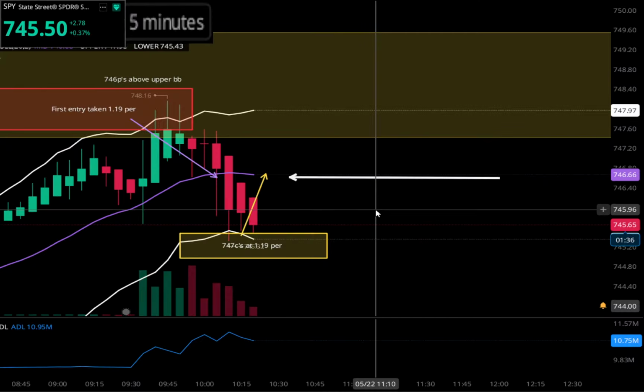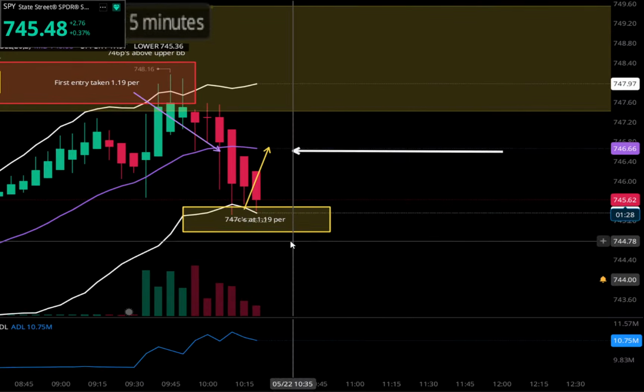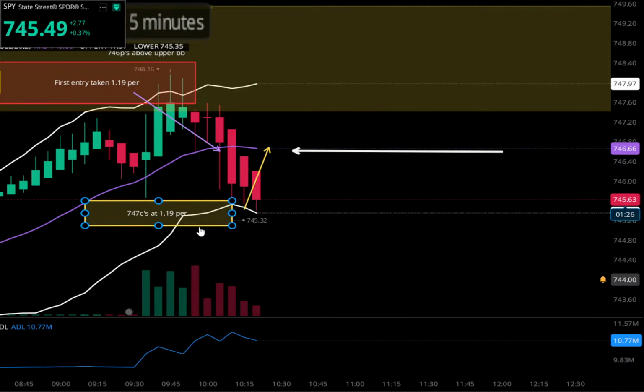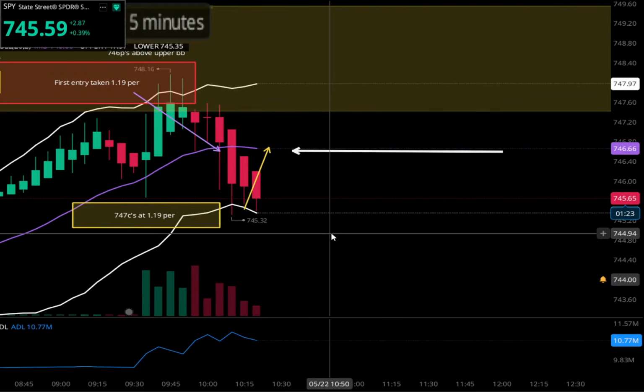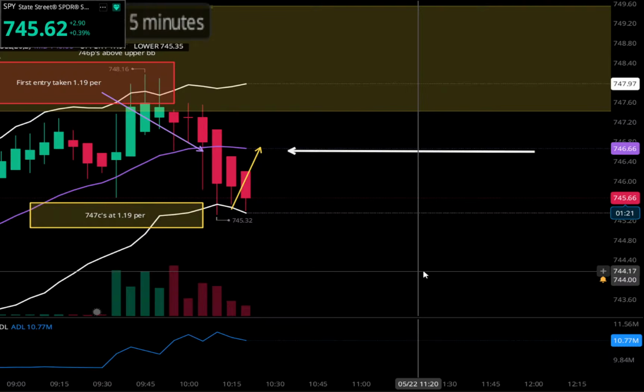Now, potentially, we're getting another entry into the lower Bollinger, which is something that I will add to. Again, each time we get to the lower Bollinger, I will be adding additional blocks of calls, but only if we push that level. Currently, the lower Bollinger is at 745.35.